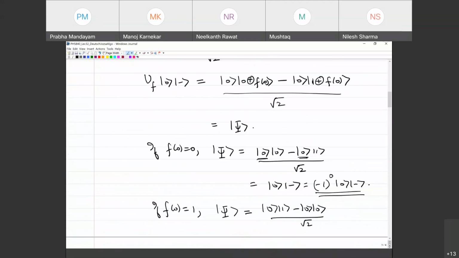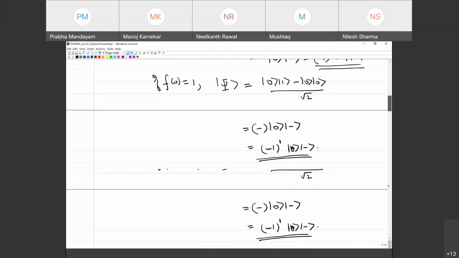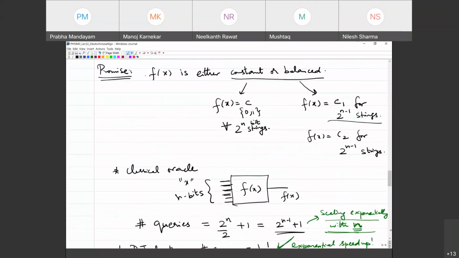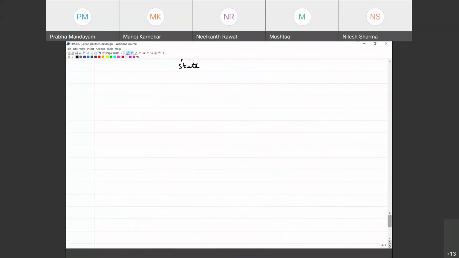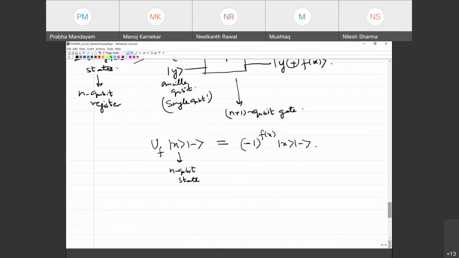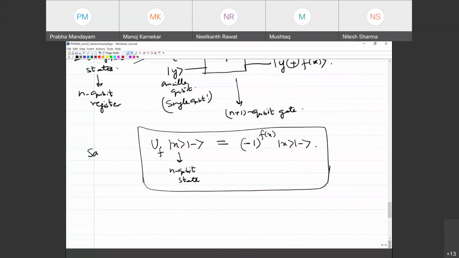So for every state, you can work this out, right? And you will see that this follows exactly the same thing, because this f of x is sitting here, right? So if you wish, I can rewrite the steps again, but it's the same thing. You just put an x instead of 0, and that x can be of whatever dimension, right? You just have to find the U of appropriate dimension. That's all. Okay, so this functionality is the same, right? So it's the same quantum oracle.